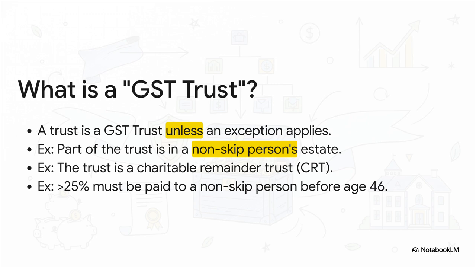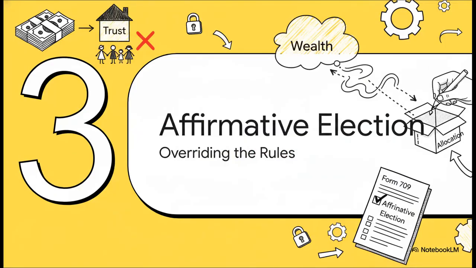For instance, if the trust is set up so that its assets have to be included in your child's taxable estate, well, then it's not a GST trust. And this distinction is huge because it means that automatic safety net is gone. You have to manually allocate the exemption if you want to protect that trust. And that brings us to the next logical step. Since those automatic rules don't always do what you want, you absolutely have to know how to take the wheel yourself.